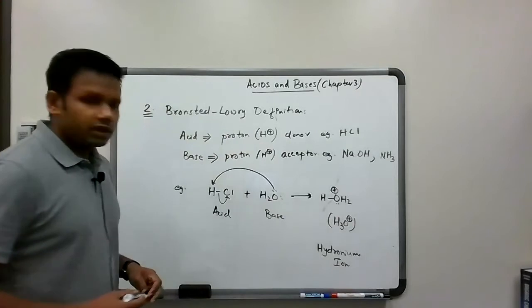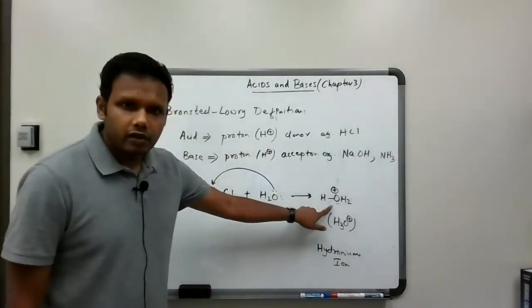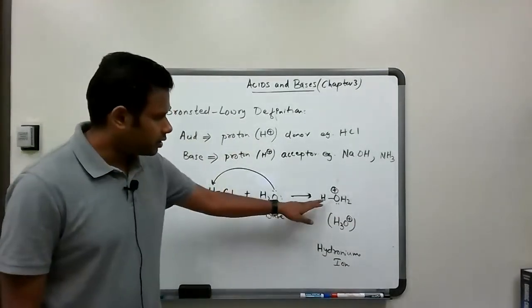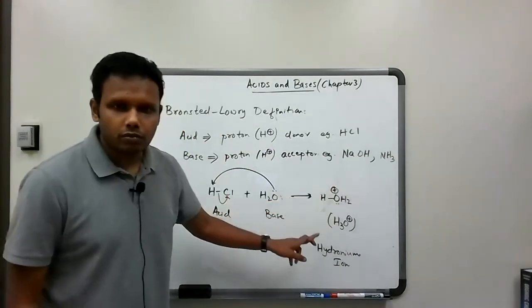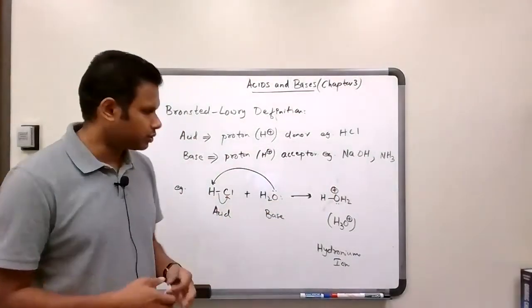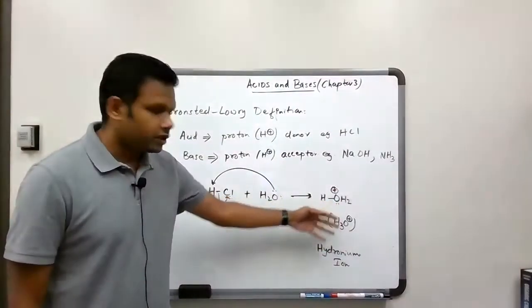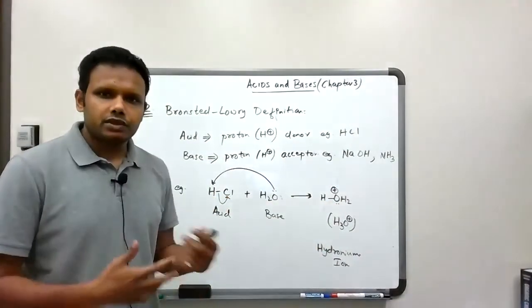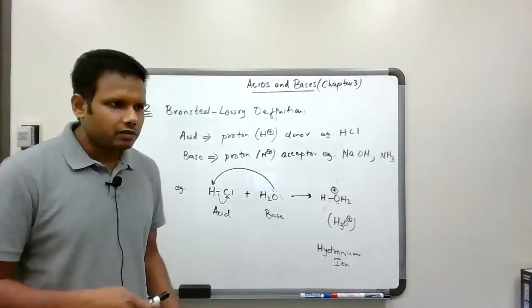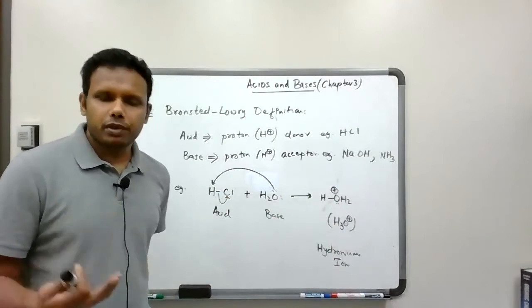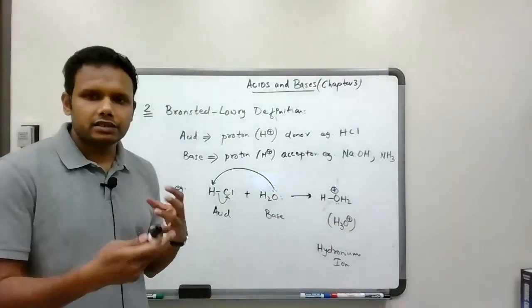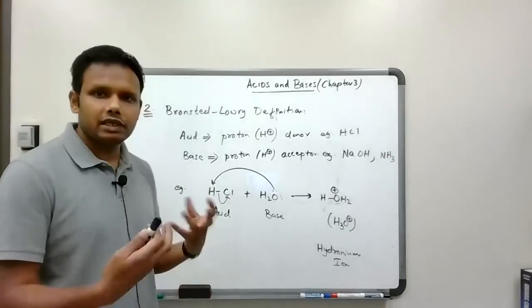And if you think about it, a hydronium ion is nothing but a proton sitting on a water molecule, or connected to a water molecule. And we use a hydronium ion as a general representation for an acid. So in organic chemistry, we will never write H plus. We'll usually write an acid as H3O plus to say that that is an acid.